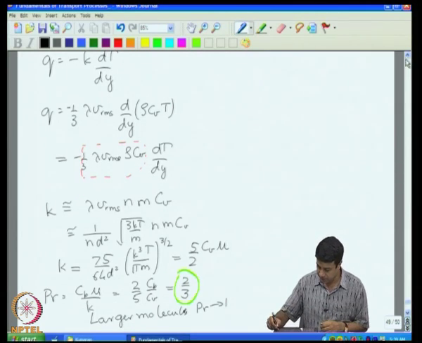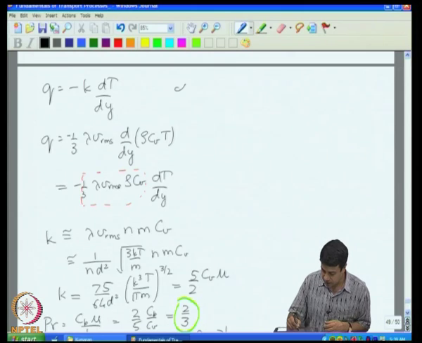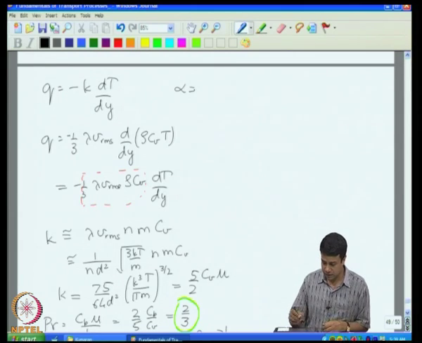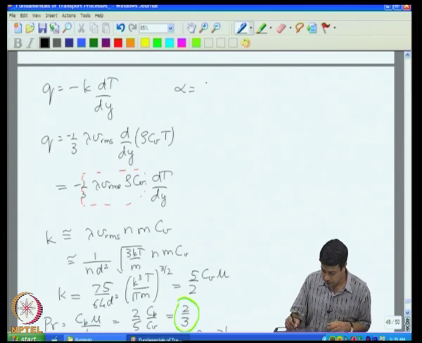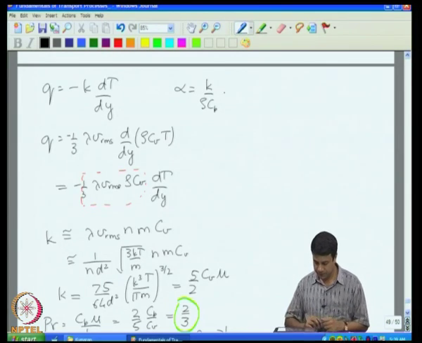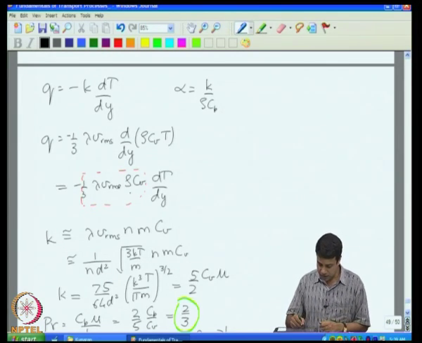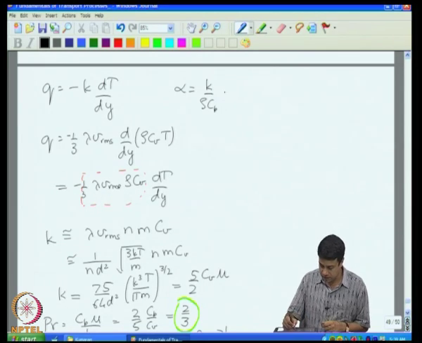For example, the diffusivity alpha for thermal conductivity is going to be equal to K by rho Cp. And K was equal to lambda Vrms times rho Cv. So, you will get approximately Cv by Cp times lambda Vrms.